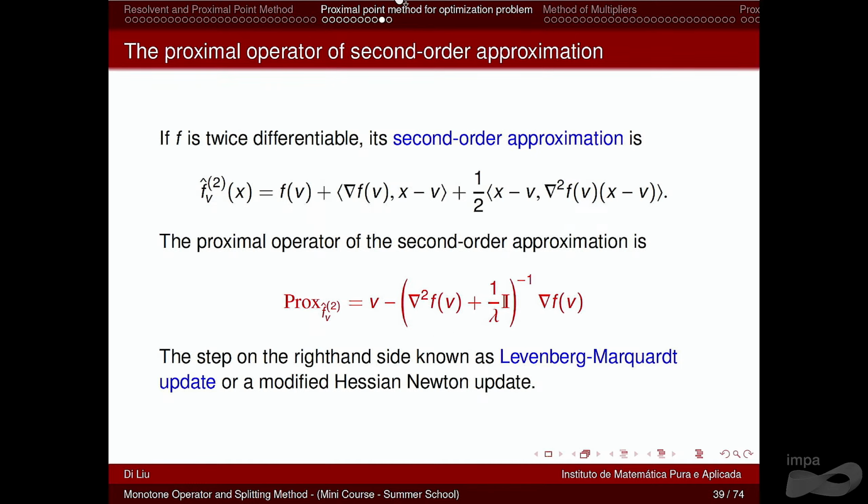But if lambda is very small, even if the Hessian is not positive definite, the matrix, the Hessian plus 1 over lambda times the identity, can be positive definite because of these positive terms here, okay? So it is the Levenberg-Marquardt update, or modified Hessian-Newton update.